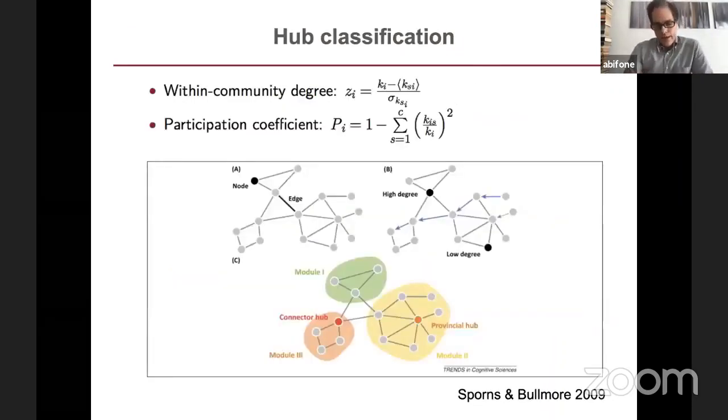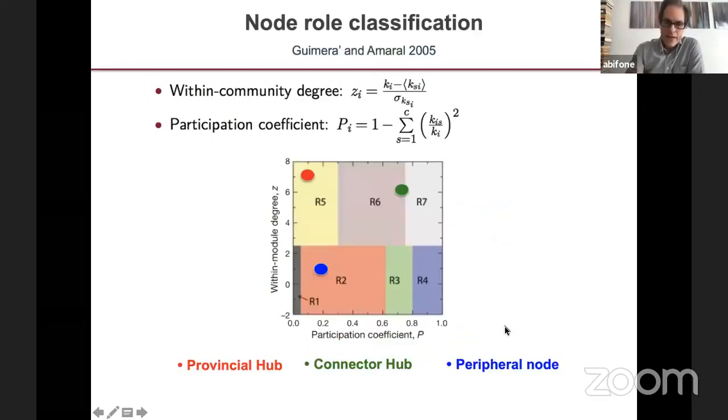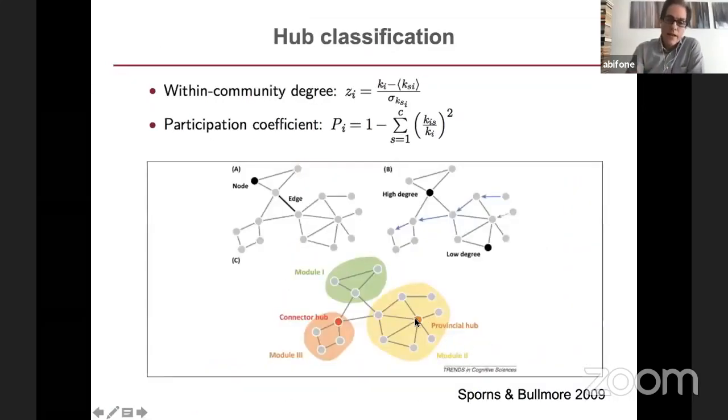To understand a little bit better what that may mean in practical terms, we looked at the role of the particular nodes within the network. Some of the nodes, following Sporns, Bullmore, and the classification by Guimerà and Amaral, some of these highly connected nodes in the brain are deeply set into the modules, so they are responsible for the functional segregation of certain areas.